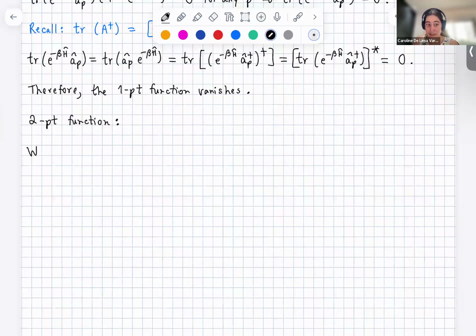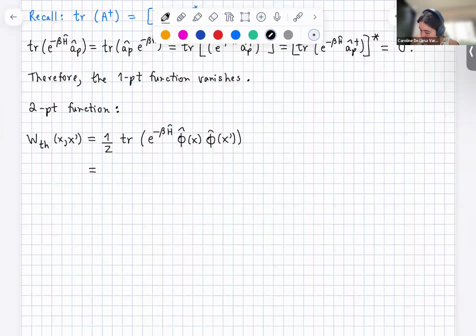So I'm going to define using the letter W as well. The thermal Wightman is going to be given by 1 over Z times the trace of e to the minus beta h. And now I have the 2-point function, right? So I have phi of x and then phi of x prime. Okay, so let's have a look into this.